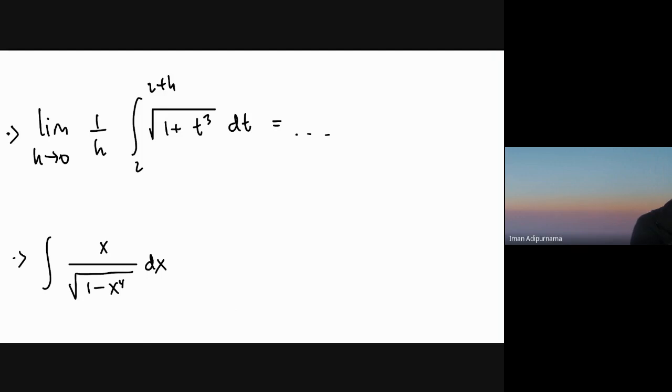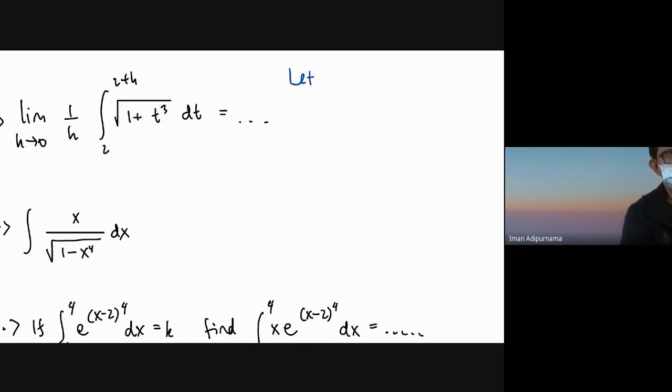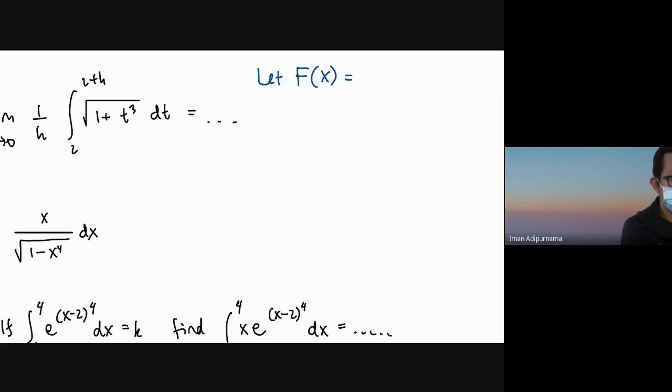So for number one, let's say this is f. Let's say this is 2x, and then this is the integral of 1 plus t cubed dt.